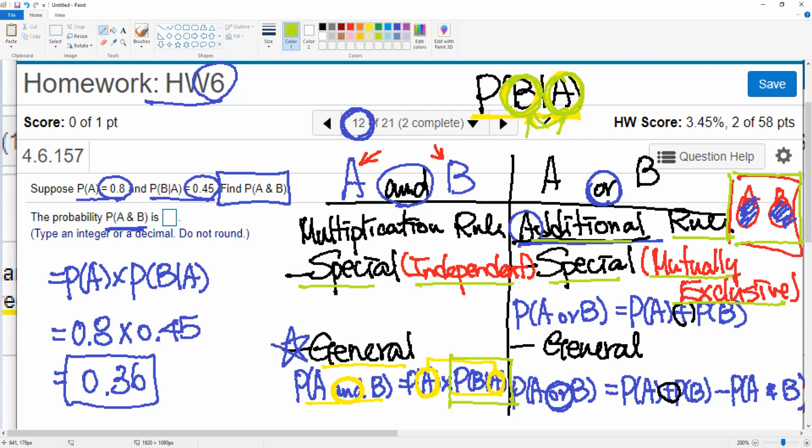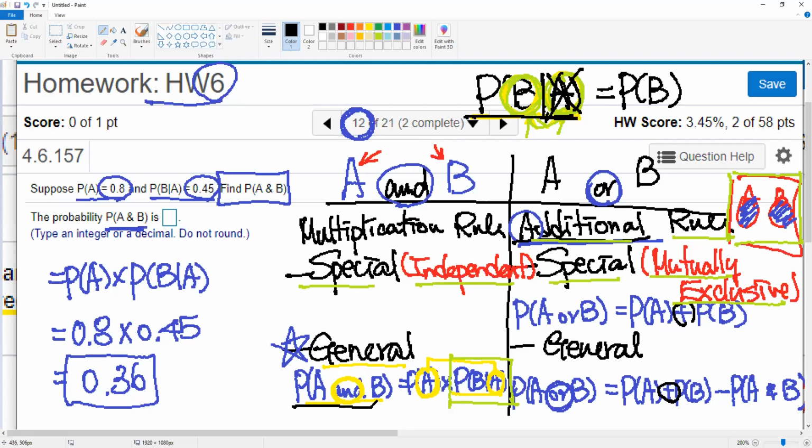They don't care about each other, right? So the conditional probability B given A, when they are independent, will be the same as just B, because the event of B doesn't care what the event of A is. It does not depend on it.